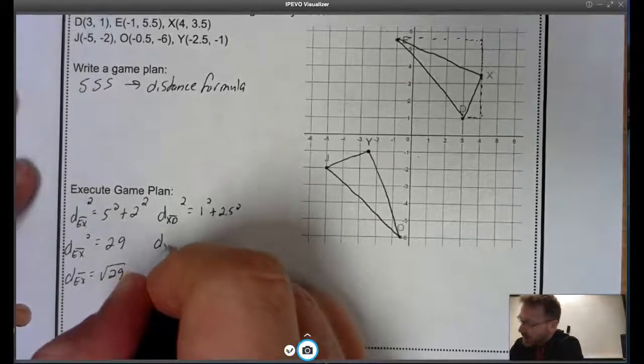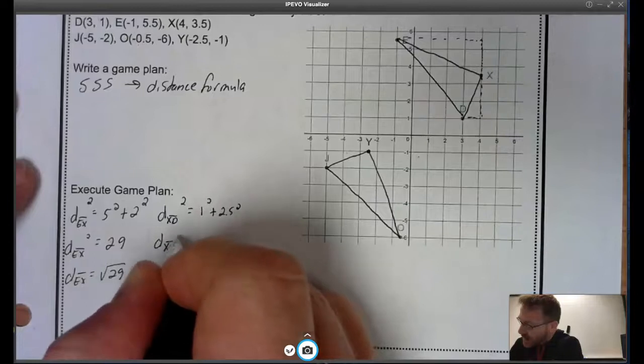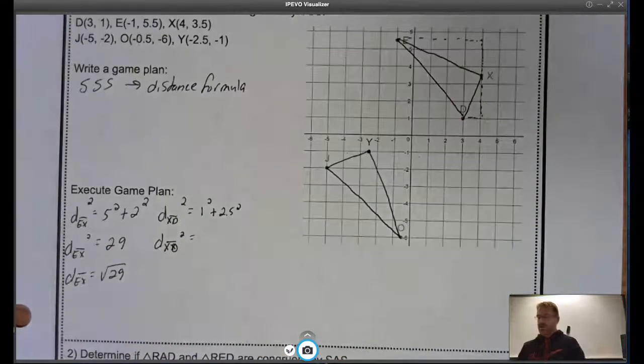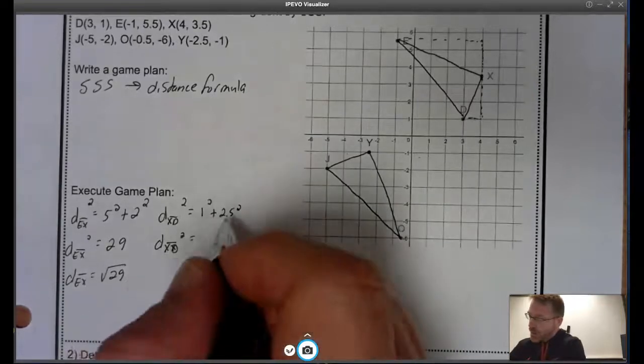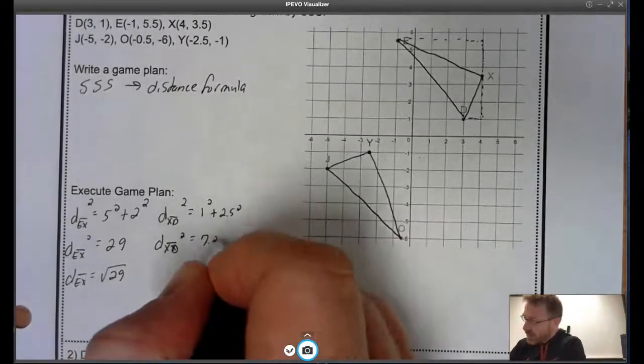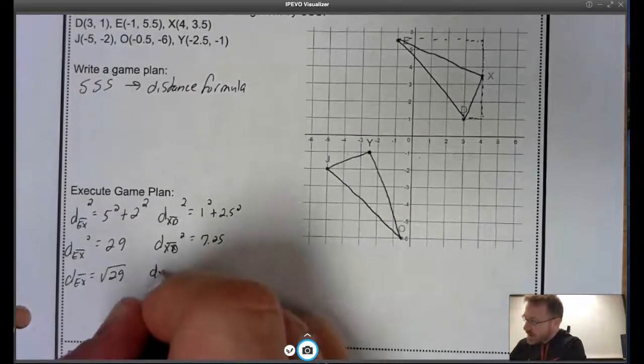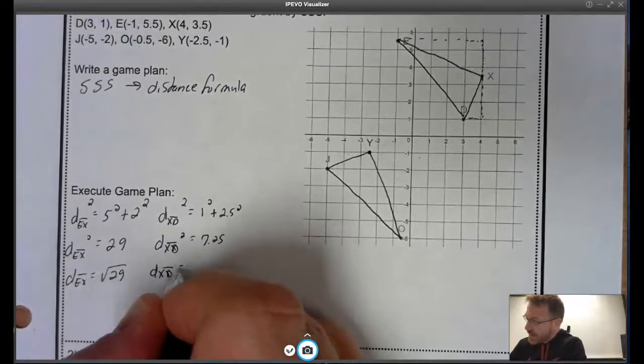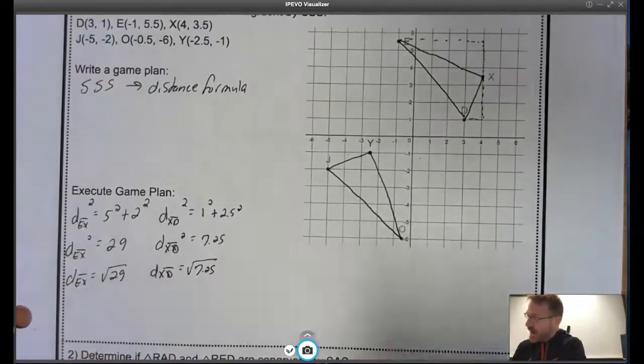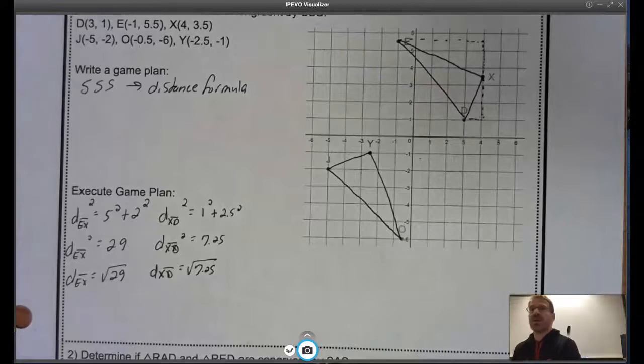So the distance of XD squared would equal 1 squared plus 2.5 squared. I'm going to go to my calculator here, because I don't know 2.5 squared right off the top of my head. That's 7.25. So the distance of XD would equal the square root of 7.25. All right, so we're just making our way, and you can see that this works every time, but it's not necessarily the shortest method.